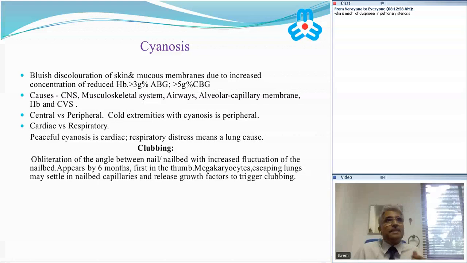So they get sequestrated there. And these sequestrated megakaryocytes undergo degranulation, releasing their growth factors, and these growth factors promote both new vessel formation and new tissue formation. Hence, you have the fluctuant tissue at the base of the nail, and this is the trigger for clubbing. It's a very attractive theory, and this is perhaps the most widely held theory.